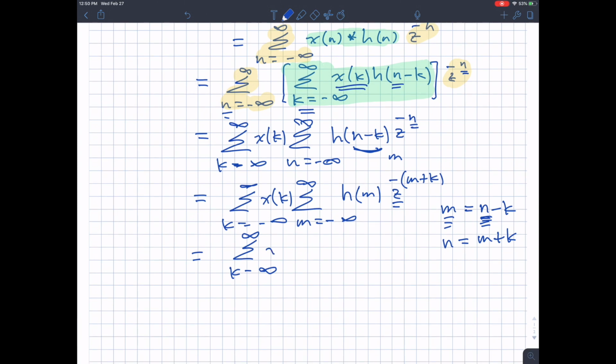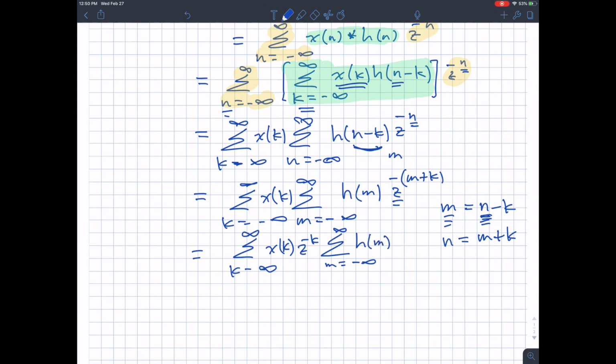So this would be x of k, z to the minus k, and then I would have the summation m equals minus infinity to infinity of h of m, z to the minus m.